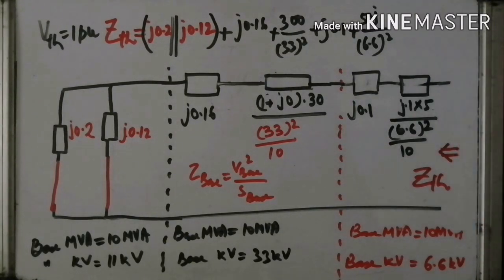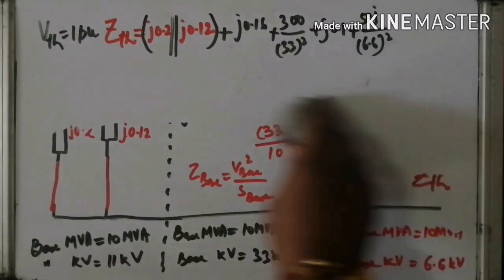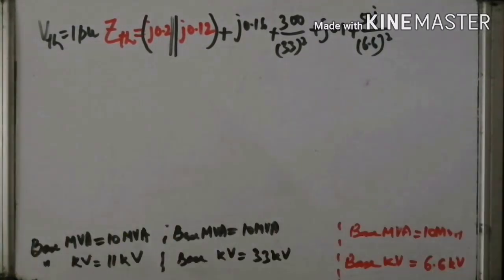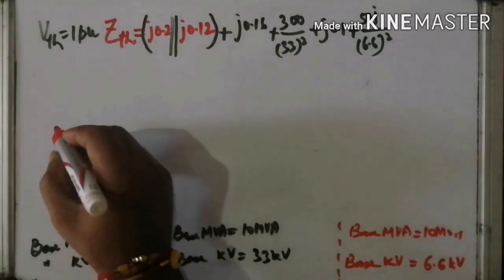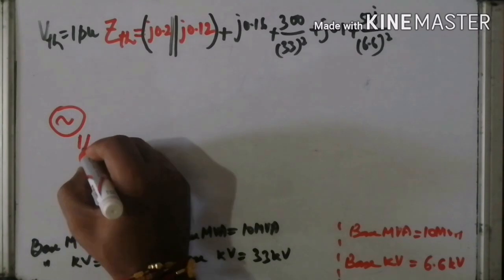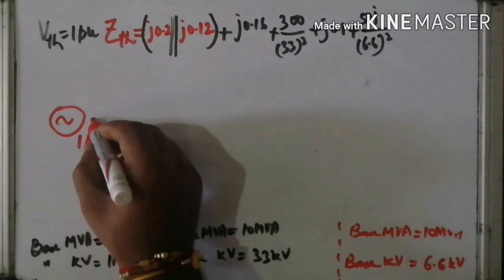Now I'm going to draw Thevenin equivalent circuit. Thevenin equivalent circuit contains a source having the value of 1 pu, it's your VTH.